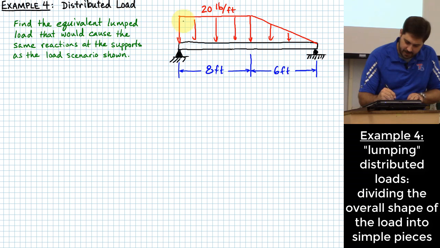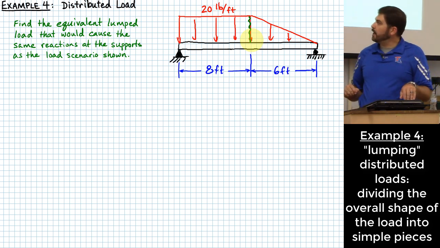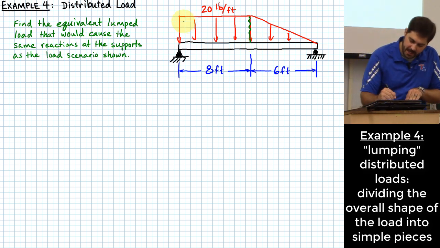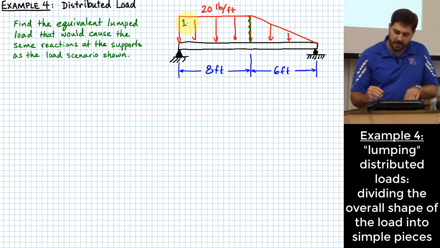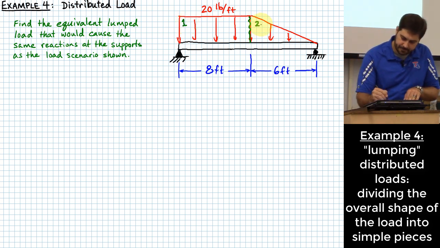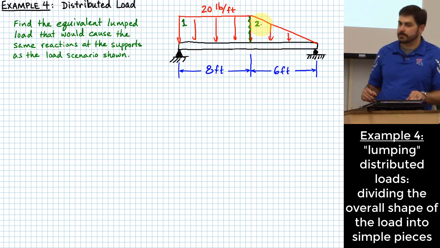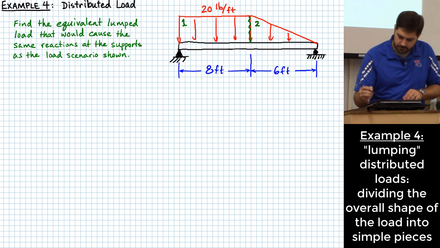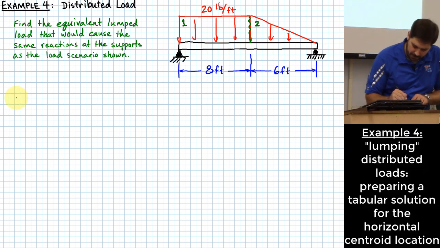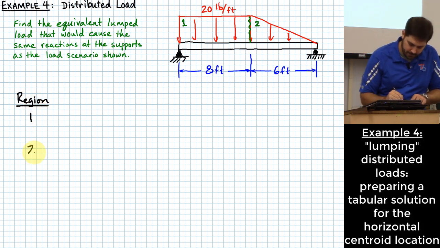All right. Let's name some regions. Let's say that we've got, cutting off right here, a rectangular region over here that we will number 1 and a triangular region over here that we will number 2. Okay? So let's name those over here and say region 1 and 2.